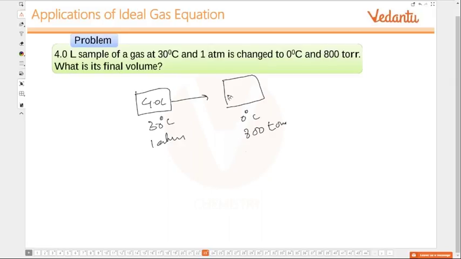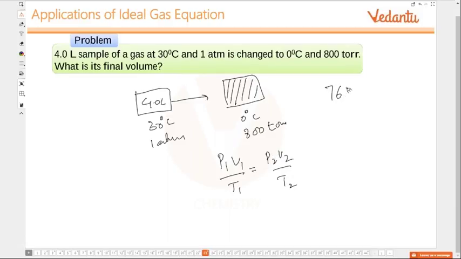So you have to use P1 V1 upon T1 is equal to P2 V2 upon T2. Temperature needs to be converted and even the pressure.